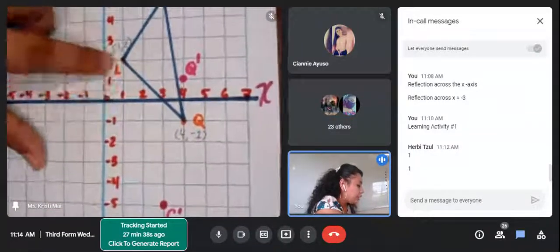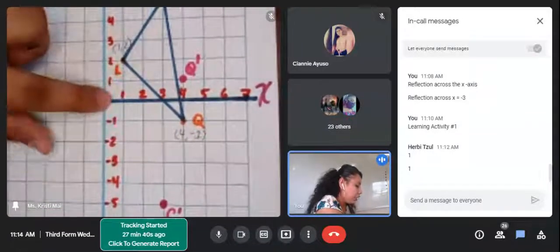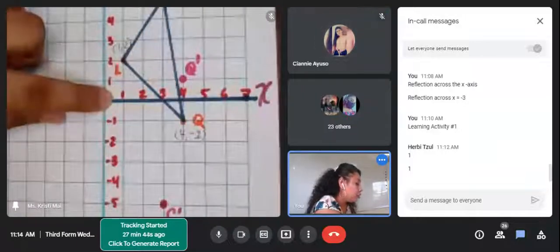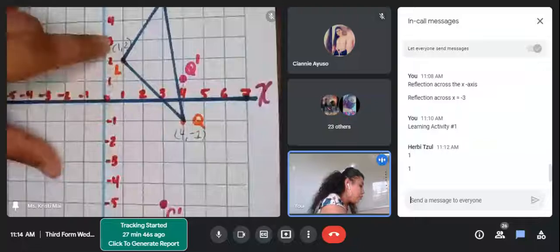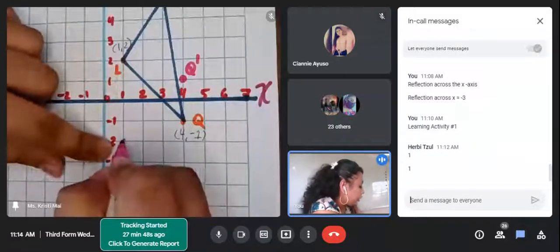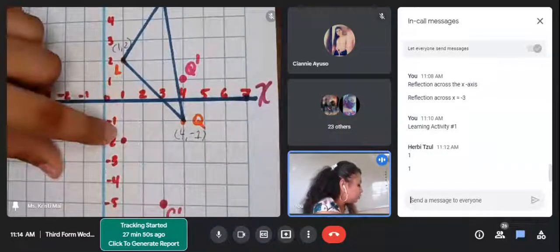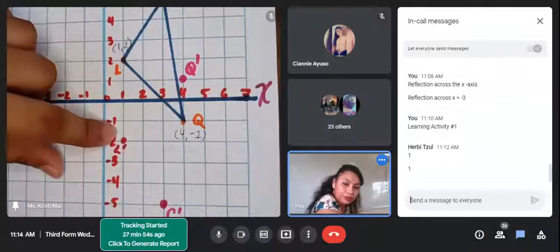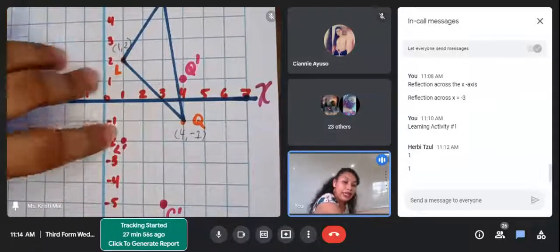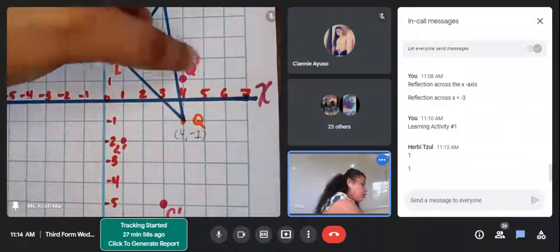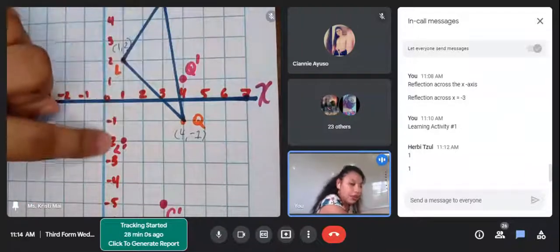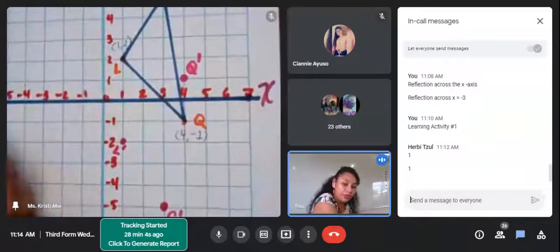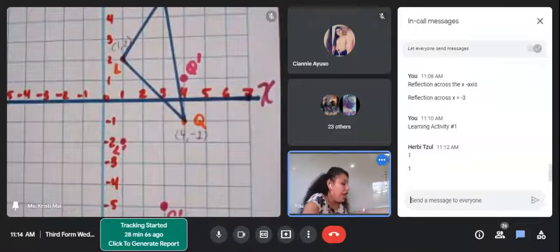L. How many spaces is L away from the reflection line? 2. So I need to have 2 as well here at the bottom. 1, 2. And this is going to be L1. So I have reflected the 3 points: Q1, L1, G1. These are the reflected points from my image.